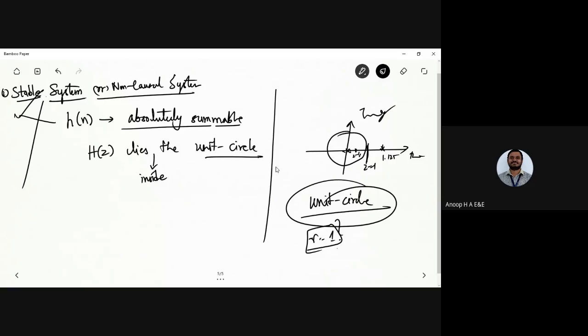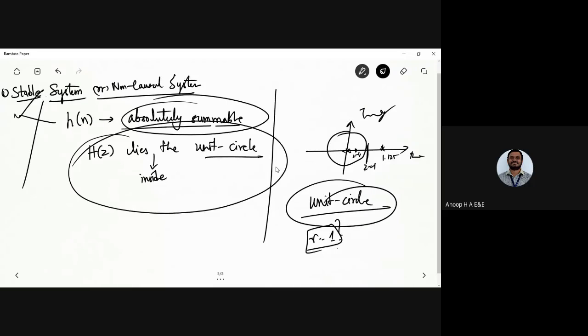If the poles lie within the unit circle, then you call the system a stable system, and h of n is absolutely summable. So if H of z has its poles within the unit circle, the system is stable, and if h of n is absolutely summable, the system is also stable.